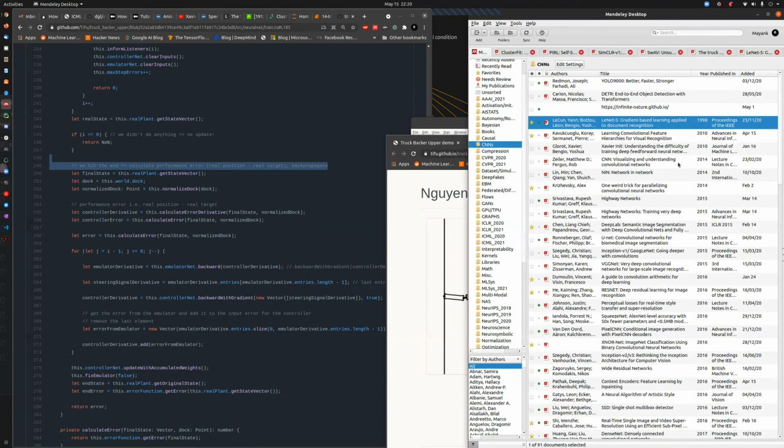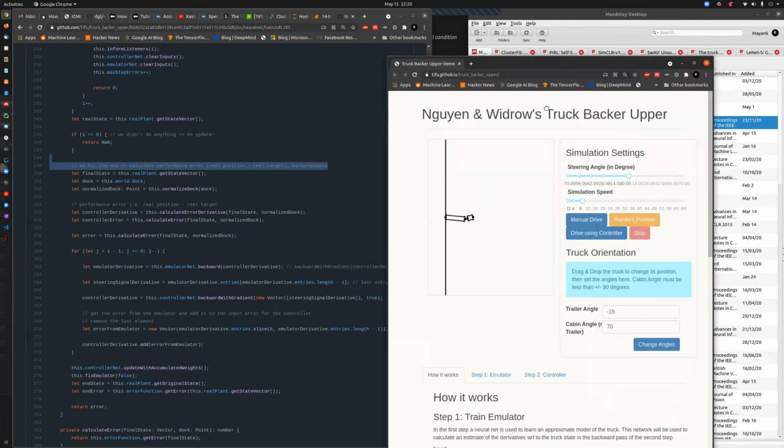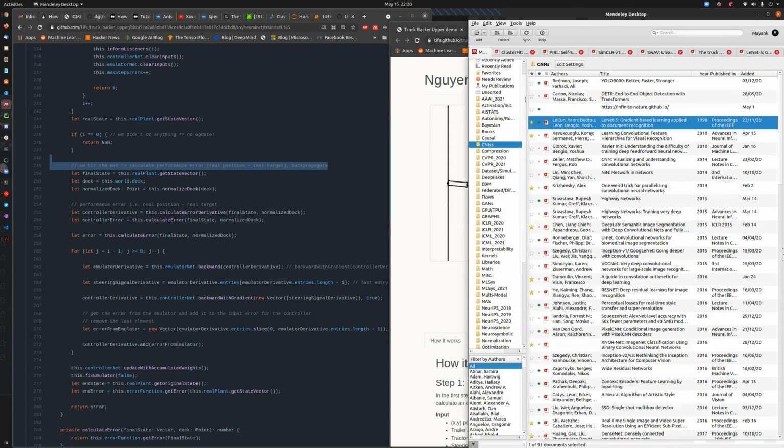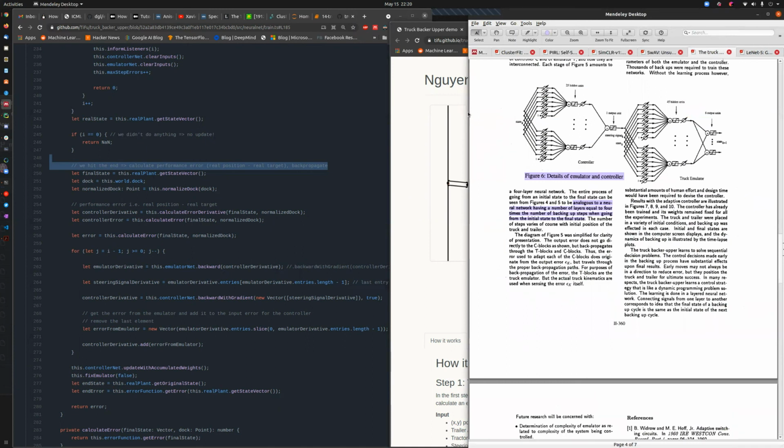I'm missing my timelines here, but this is a lot before the advent of deep neural networks. So this was kind of cool, and hence you can see the notations here.